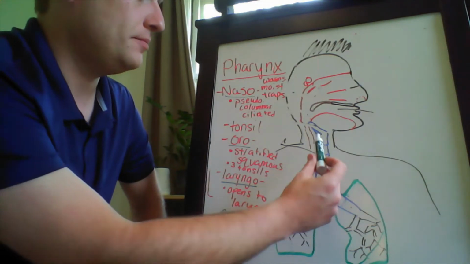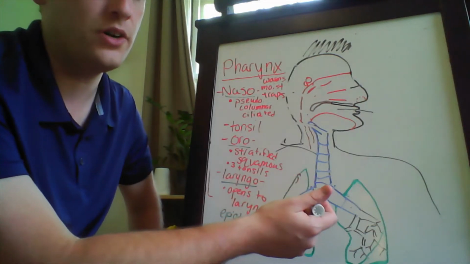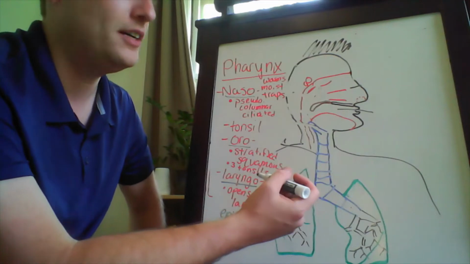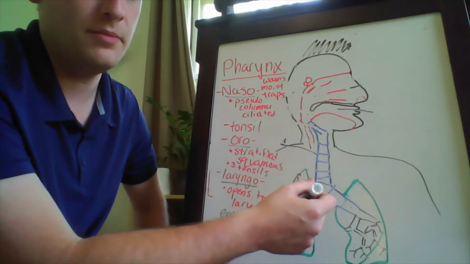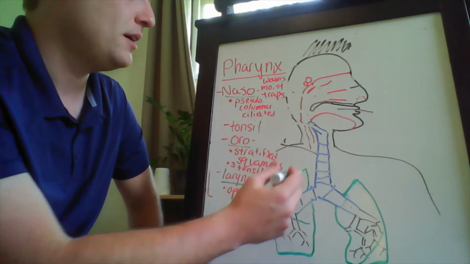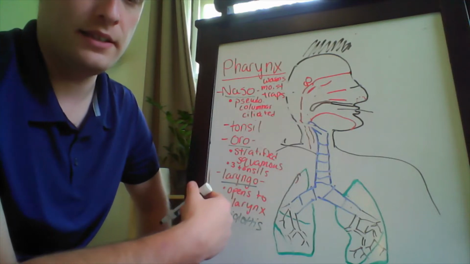And so the trachea will not be receiving air during swallowing. Sometimes if you're trying to talk and eat at the same time, this mechanism can fail, and you might have some issues there. But the epiglottis, again, is to protect food particles from proceeding down into the larynx.